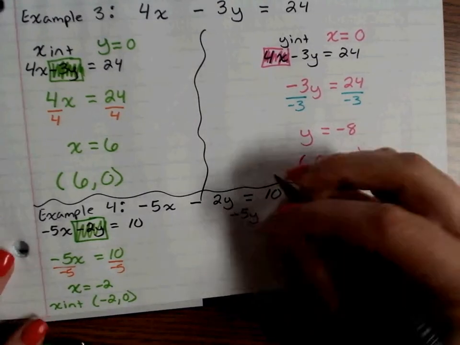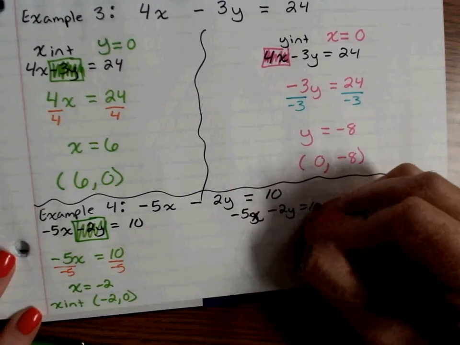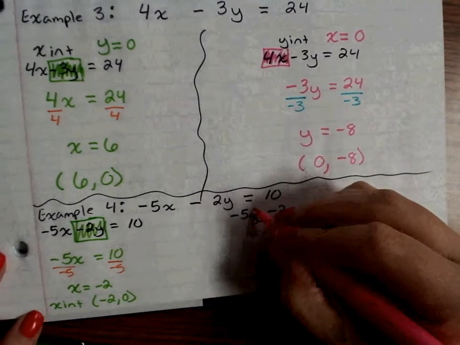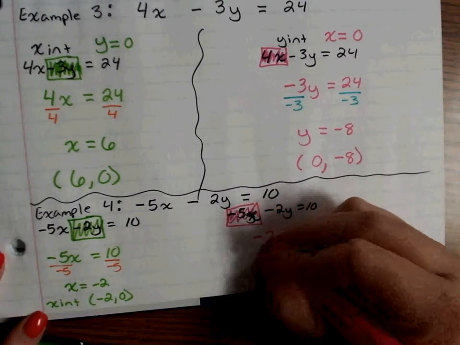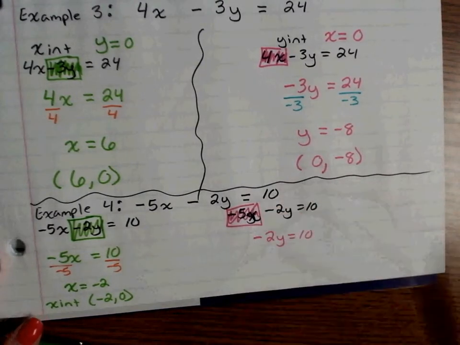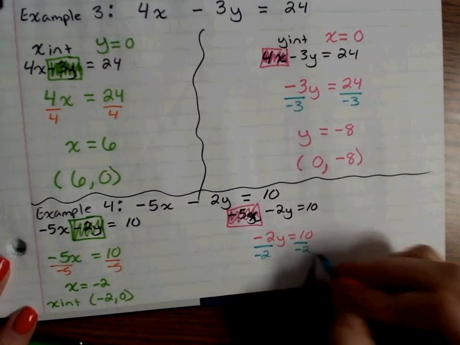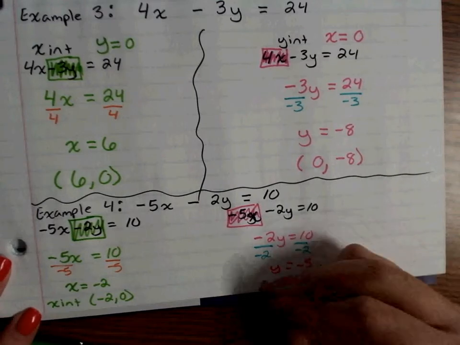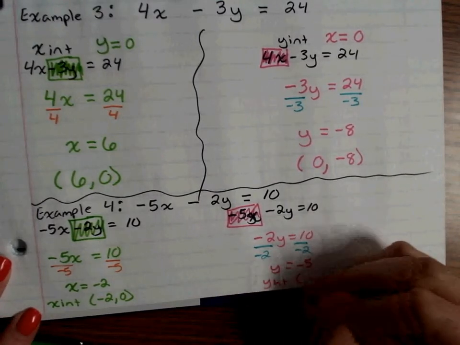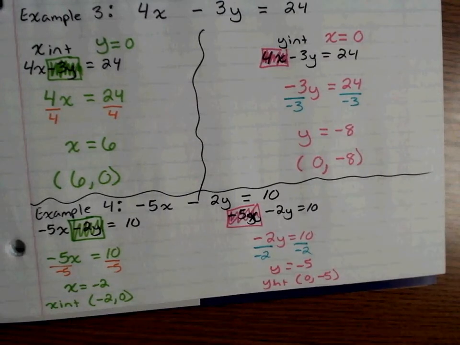And then same thing for doing the y-intercept. -5x minus 2y is equal to 10. This time the x's would disappear. So you're left with -2y is equal to 10. You would then divide both sides by -2 to get that y is going to be equal to -5. So that means your y-intercept happens to be at 0, -5.